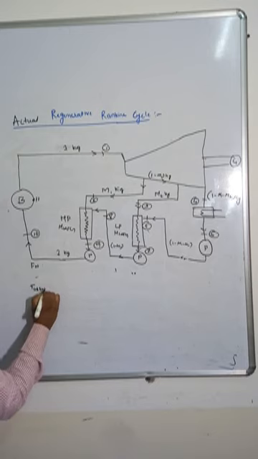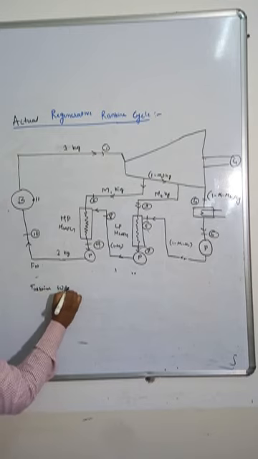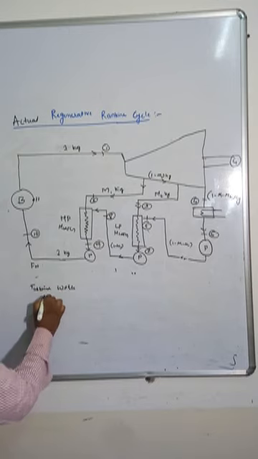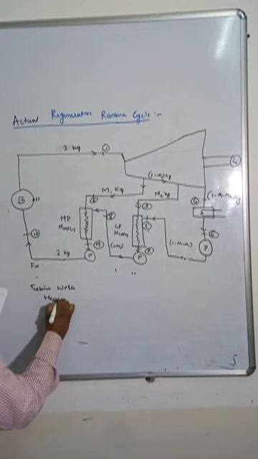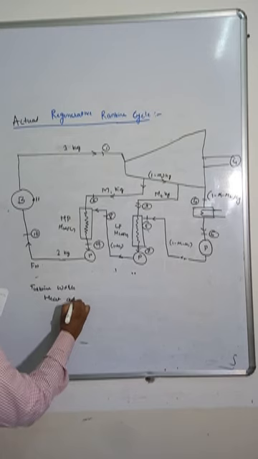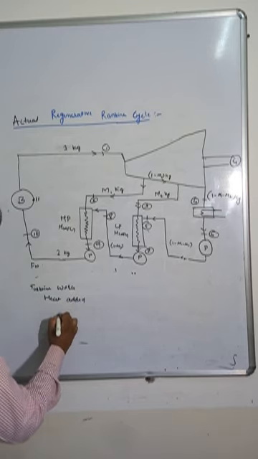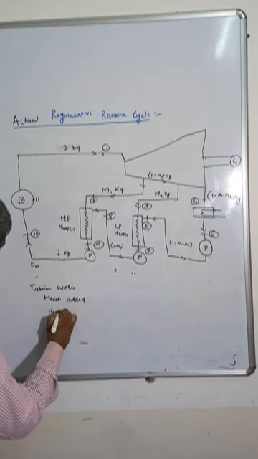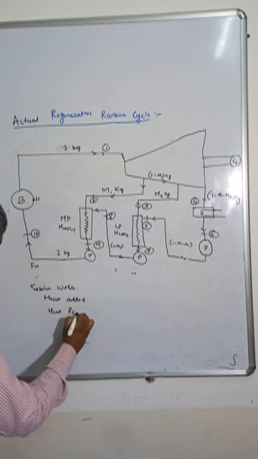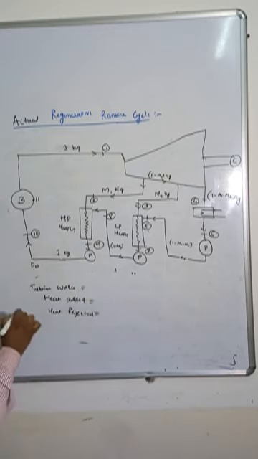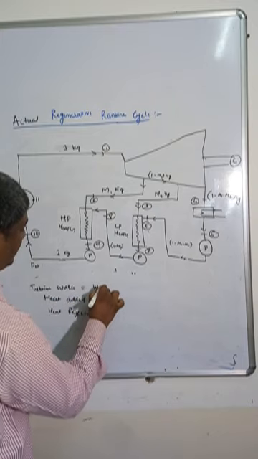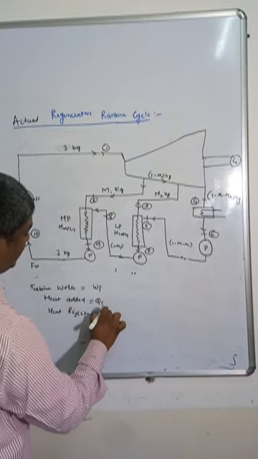I'll just write directly turbine work. Pump work is not required here, so that is neglected. Heat added and heat rejected. So WT, QS and QR.